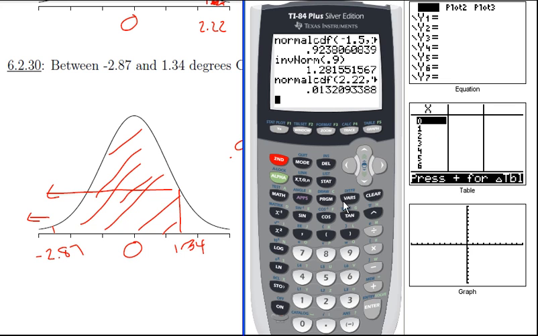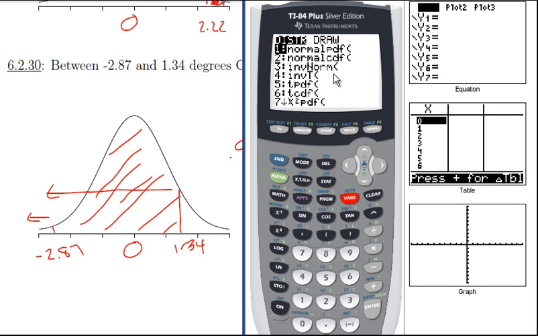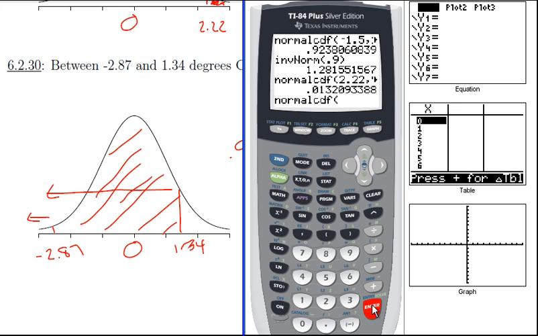I go to second, VARS, scroll down to 2, and I punch in my lower bound, and then my upper bound. And I get 0.9078.